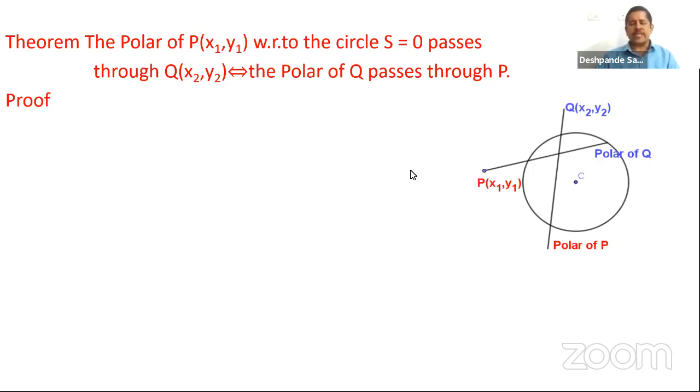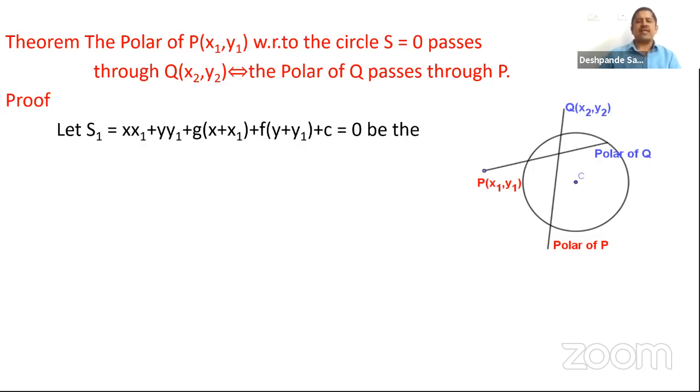We are going to prove it as a result. What is given here: you have a circle equation, and you take a point P(x1, y1). The polar equation is given as S1 is equal to 0, so it is xx1 plus yy1 plus g times (x plus x1) plus f times (y plus y1) plus c is equal to 0, the polar of P with respect to the circle S is equal to 0.